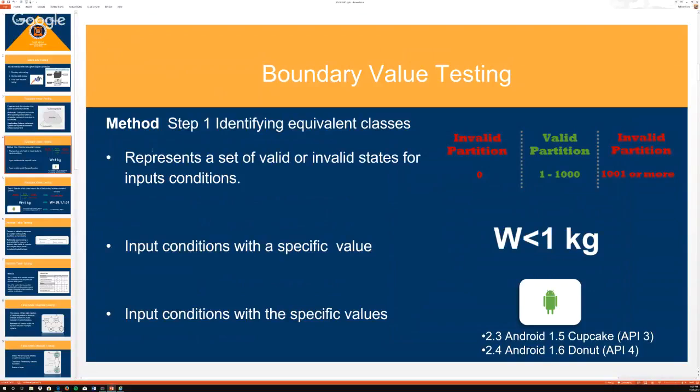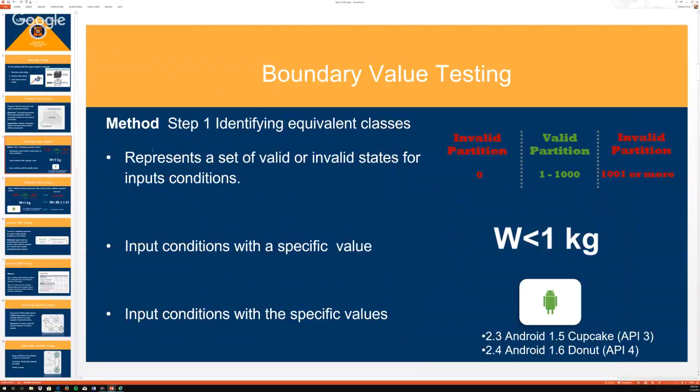For example, in the upper right side of the slide, we can see that we have valid values that are in green, 1 to 1000, and some invalid, 0 or less, or maybe 1000 or more. So we can translate this to our project by, for example, the number of users that the system supports, and that could be a valid portion.